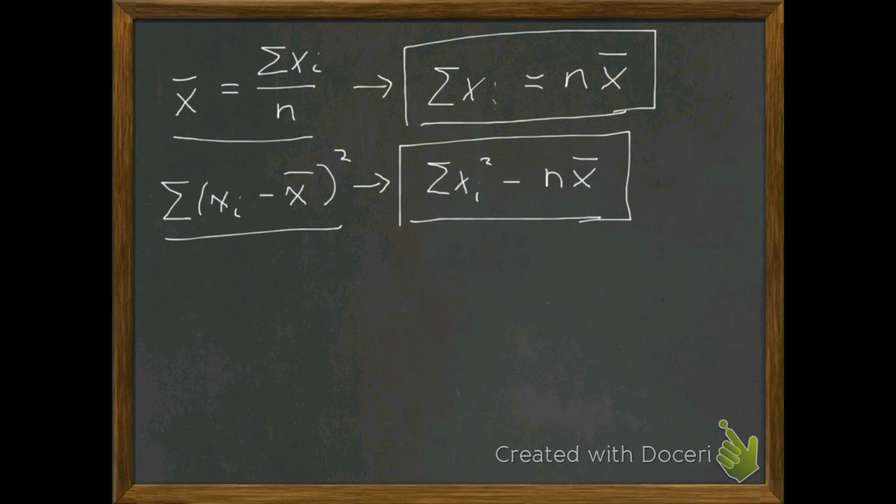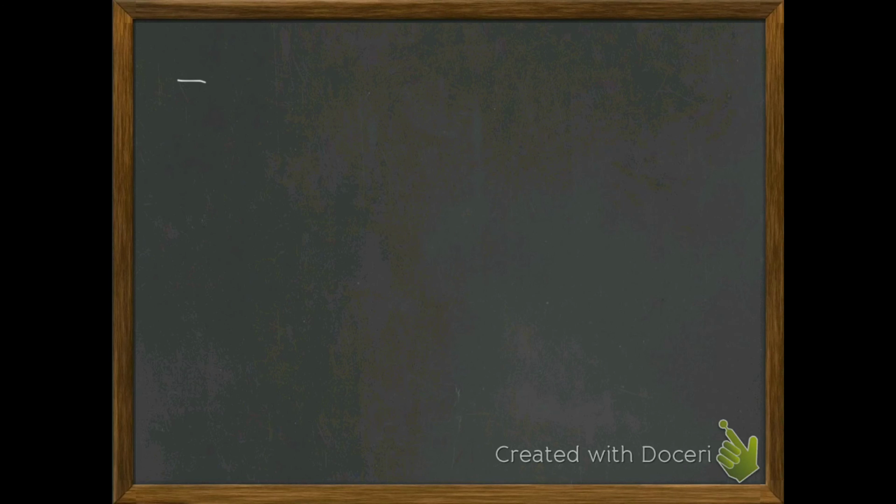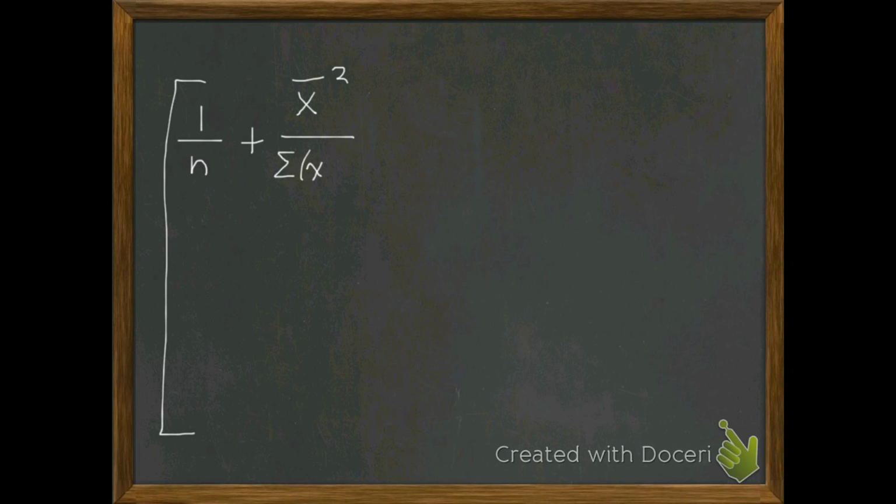So what's actually going to happen here is this first term is actually just going to be 1 over n plus x bar squared, which would be easy to find, over the sum of x of i minus x bar squared.